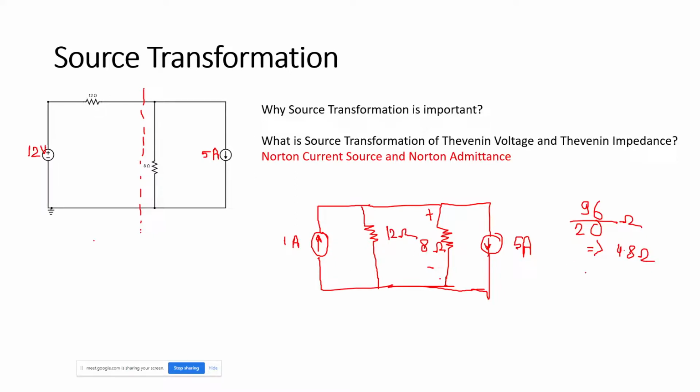Through 4.8 ohms, 5 ampere is flowing like this and 1 ampere is flowing in the opposite direction, so it's basically 4 amperes. So 4 into 4.8 is the voltage across the 8 ohm resistor.